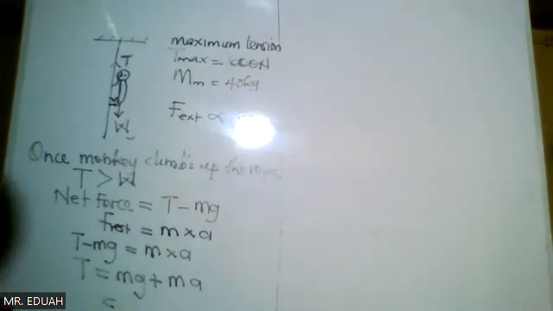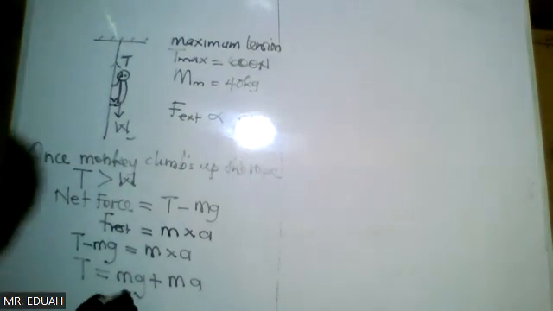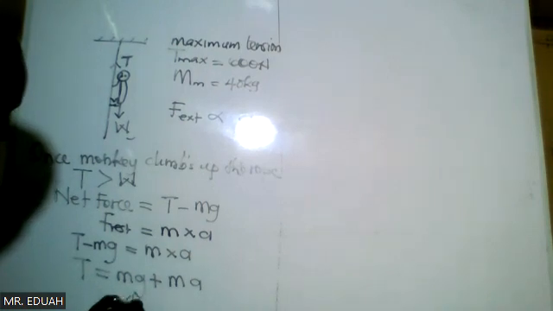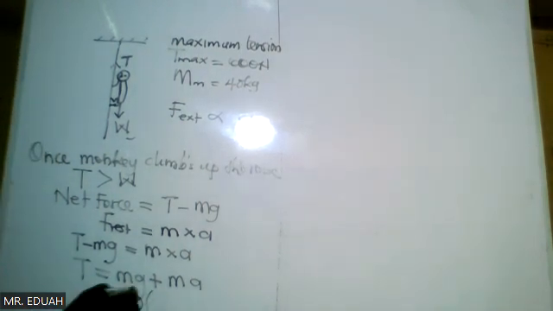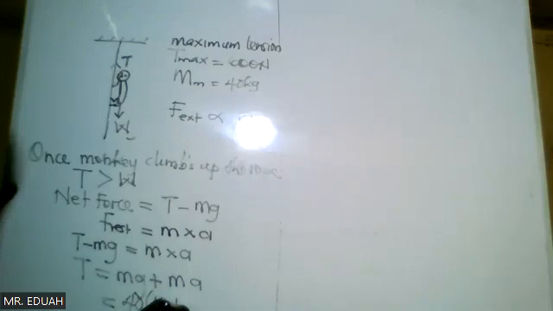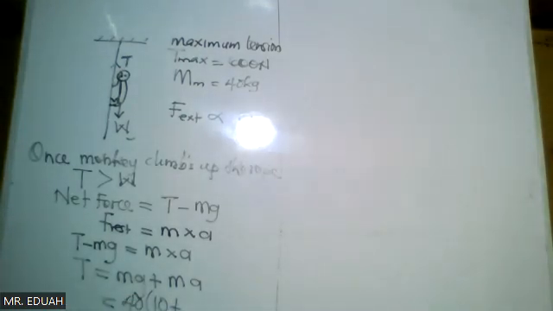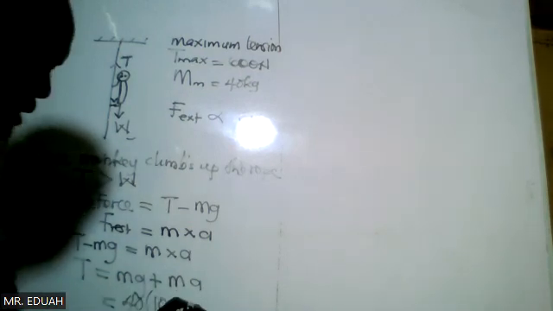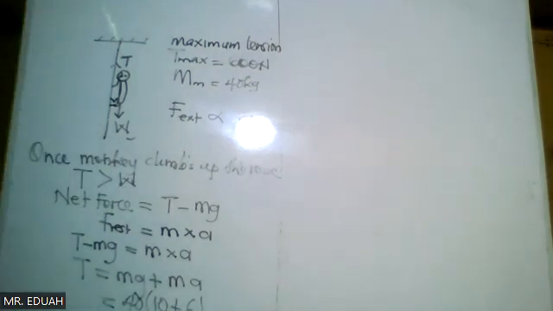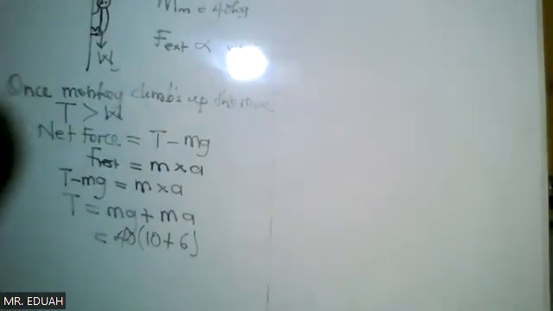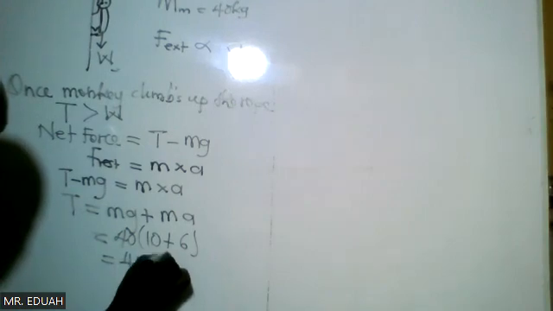Okay. And so therefore T will be equal to m, 40, times 10 plus, in the first situation, an acceleration of 6 meters per second squared. And so we have 40 times 16.